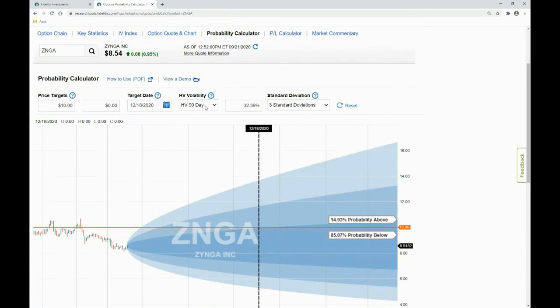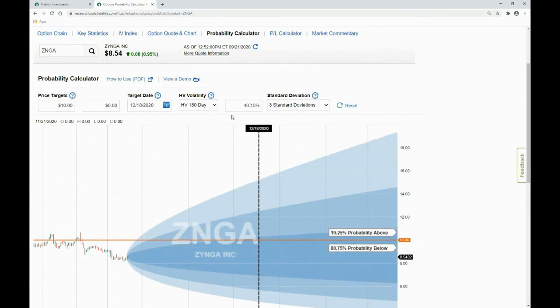Now, that is based on that historic volatility. Maybe we're under the impression, though, that the last 90 days is not representative of the future from now until December. Maybe we think it's likely to be more similar to the last 180 days, which we see has a higher volatility figure. We went from 32 to 40.